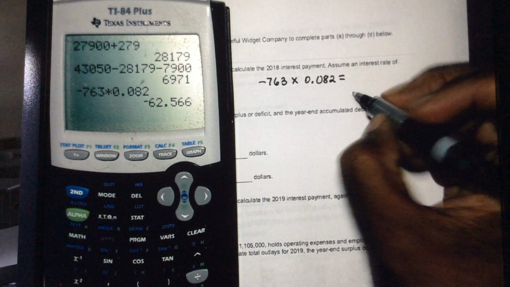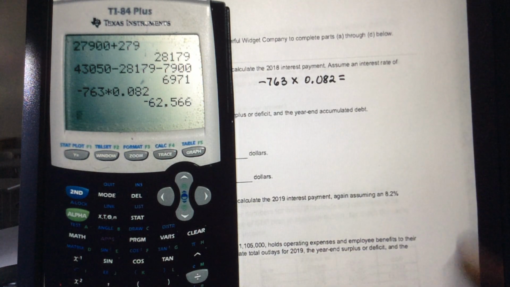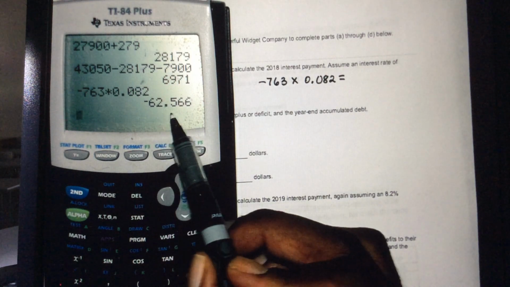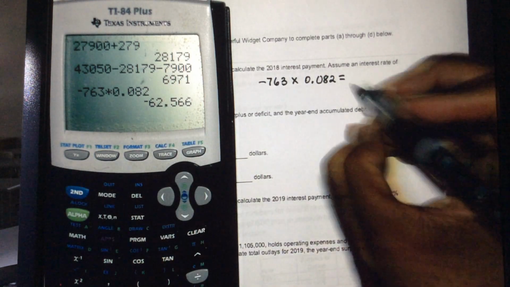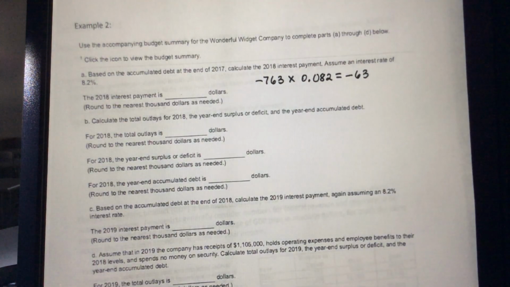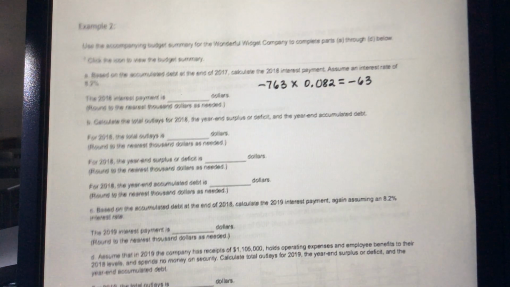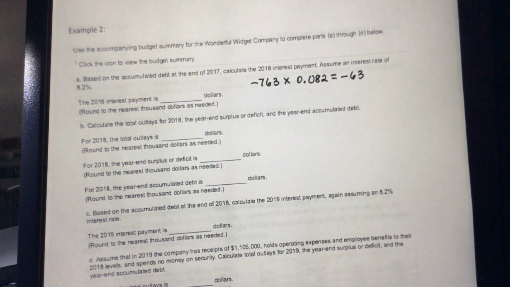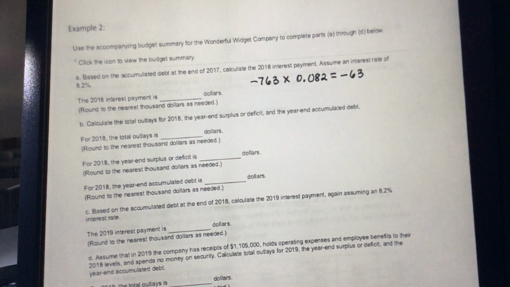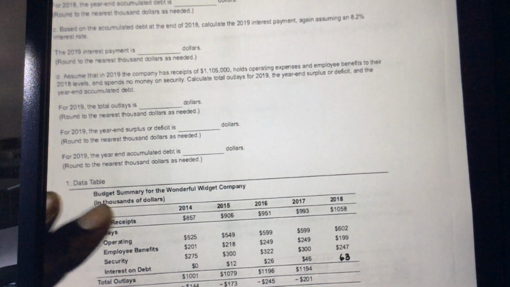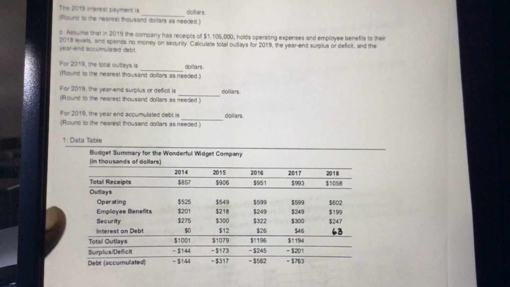Now here, in this case, I'm going to round this off to the nearest whole number. So negative 62.5 to the nearest whole number will be like negative 63. So that's the interest on debt, we're going to drop the negative and just say 63.